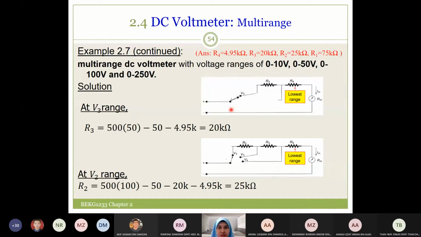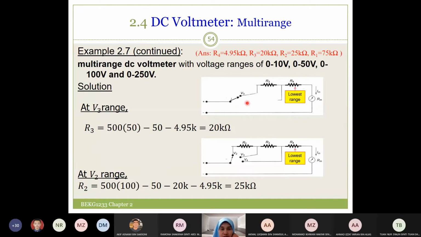So at the V3 range, we want to find RS3. We have calculated R4. Please imagine we only apply R equivalent in this equation.